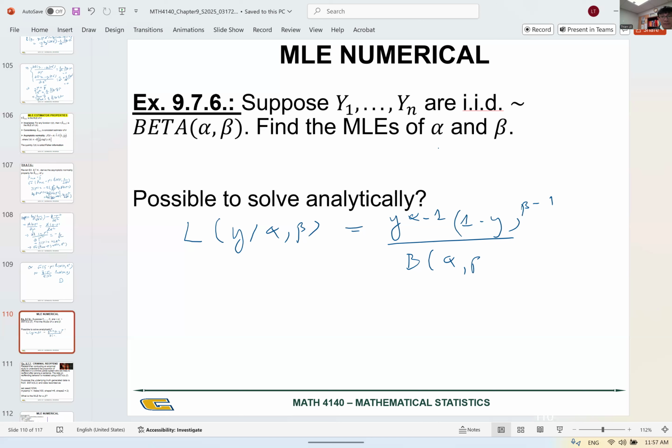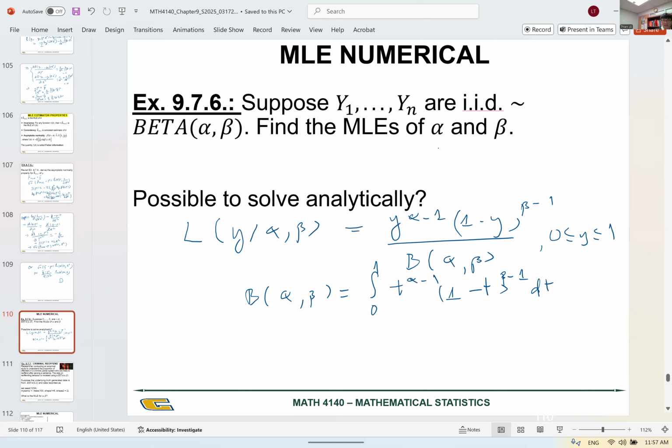The beta function B(alpha, beta) is the integral from 0 to 1 of t to the alpha minus 1 times (1 minus t) to the beta minus 1 dt. So you see now things are getting messy, right?